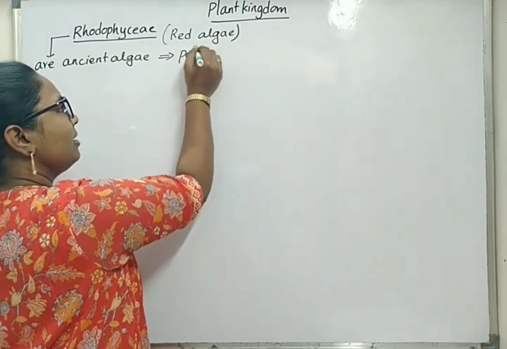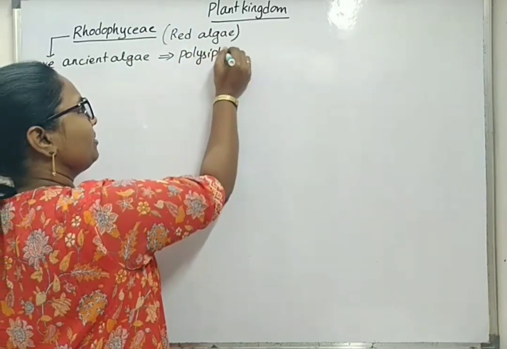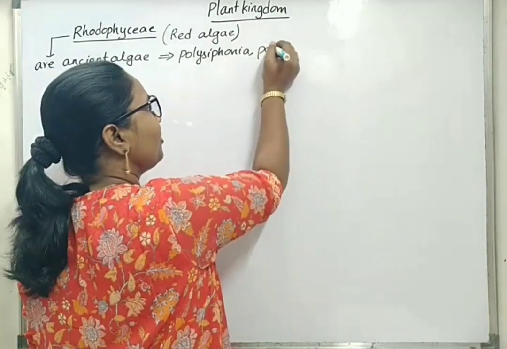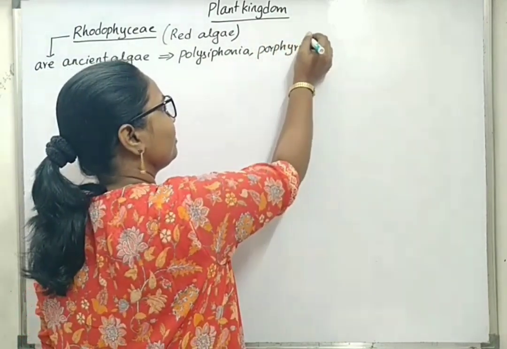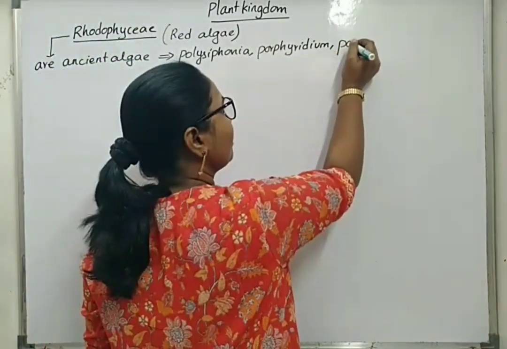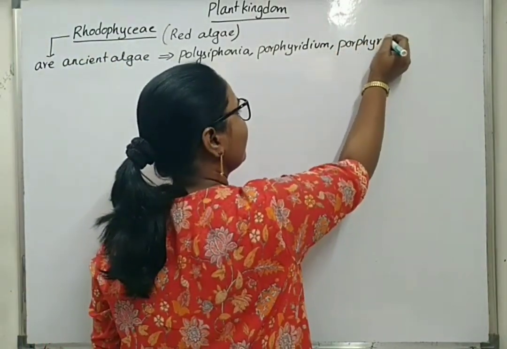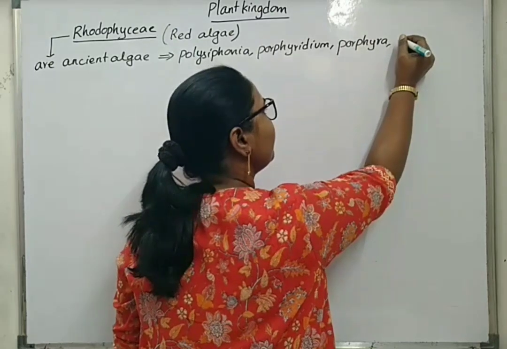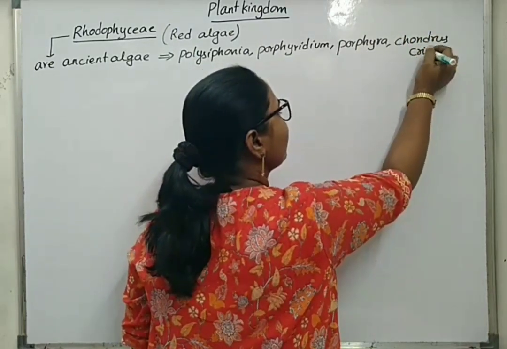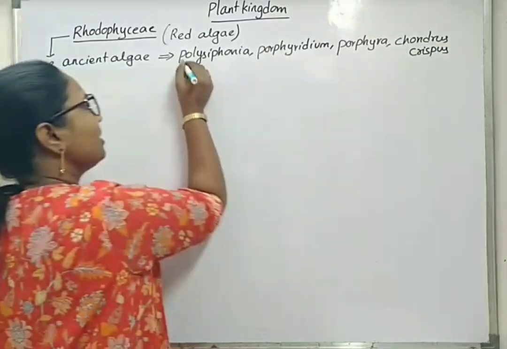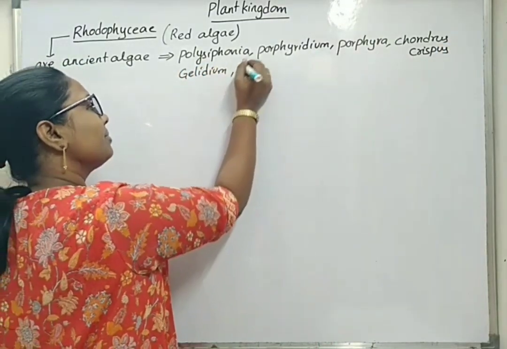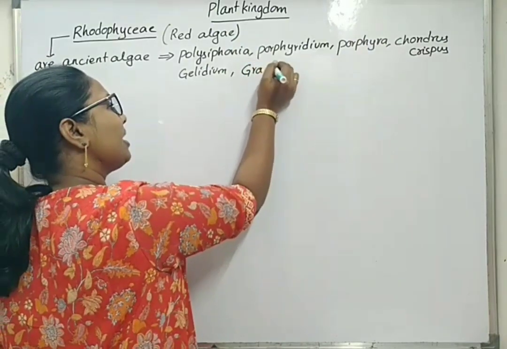Examples are Polysiphonia, Porphyridium, Porphyra, Chondrus crispus, Gelidium, Gracilaria.